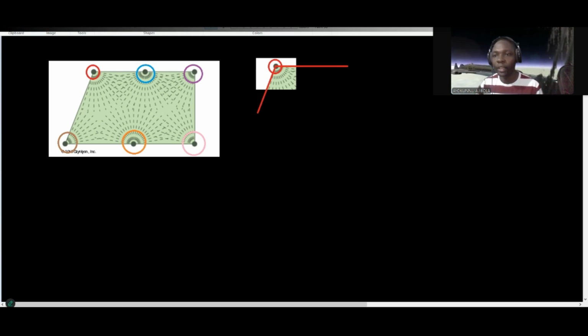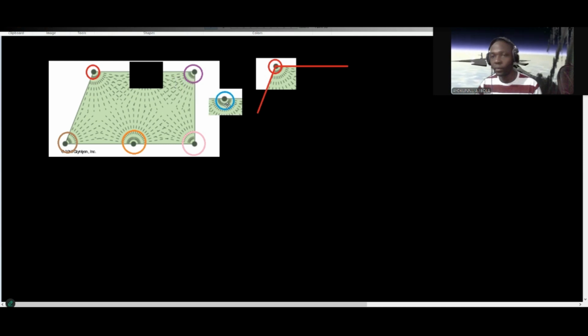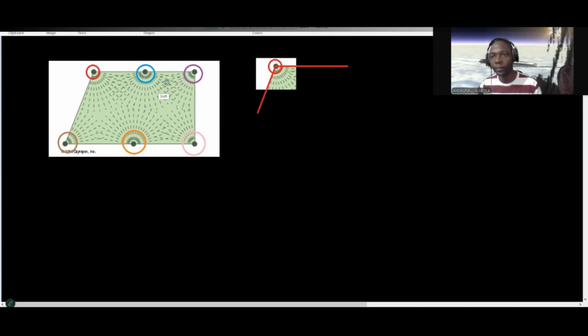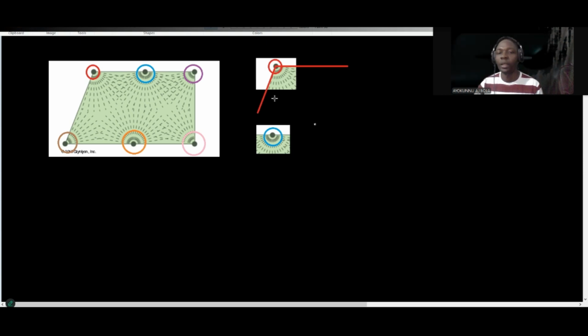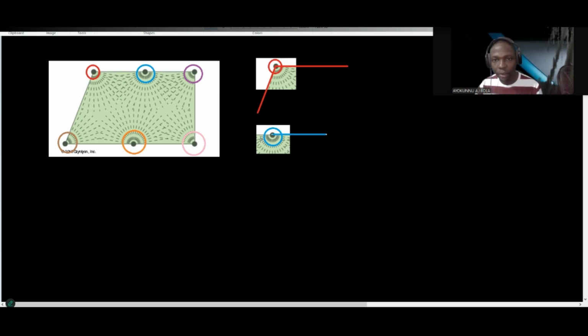And if I bring up the middle one, there is a line here to the right, and there is another line to the left.